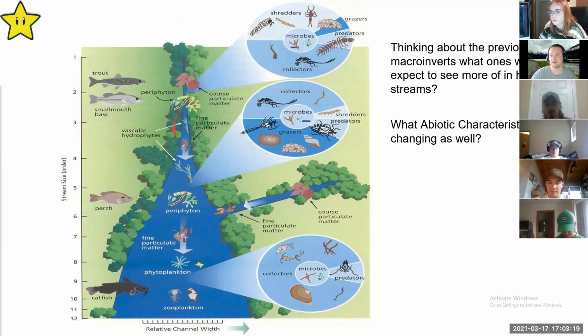You are starting to develop rooted aquatic plants, macrophytes. Instead of the shredders, you have more grazers, so you've replaced your shredders with your grazers here. You have about the same proportion of collectors as you did before.